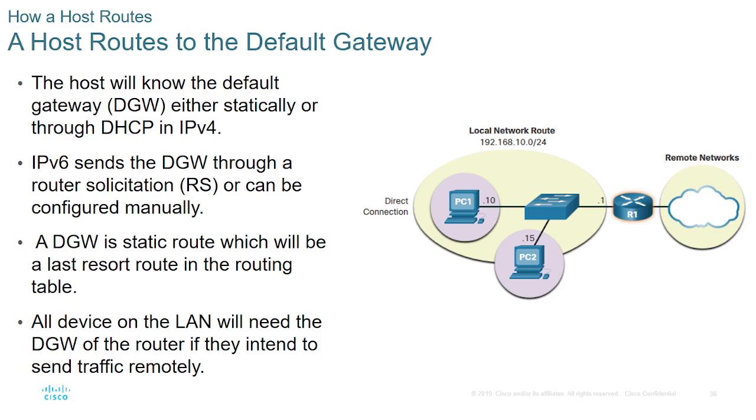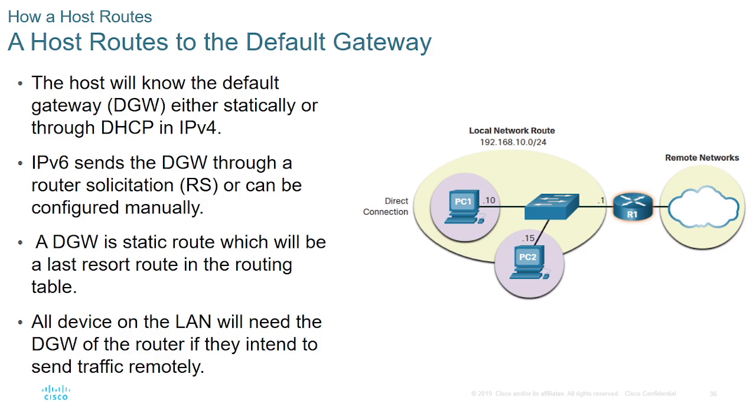This is a route put in the router that determines what a router should do in case it doesn't know where to send specific types of data. That is, it has received a packet and it doesn't know where to send it, because when it looks at its routing table, it can't see a destination network. So it's normally a last resort route for any traffic or packets where the router doesn't know where to send them.